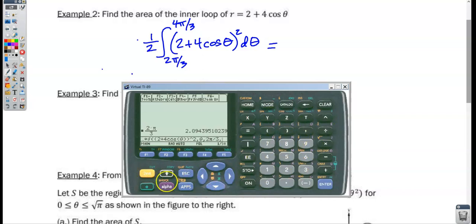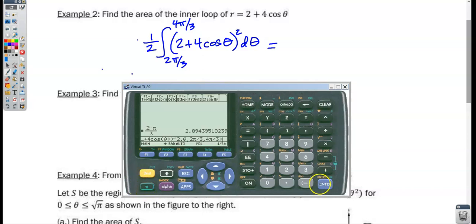I'm always going to use the exact values if I know them. Maybe you looked at that and you didn't recognize that that was 2 pi over 3, and so you just took all the decimal values from your calculator and used that as your limit of integration. That's fine. I'm going to tend to try and use exact values, at least when I recognize them.